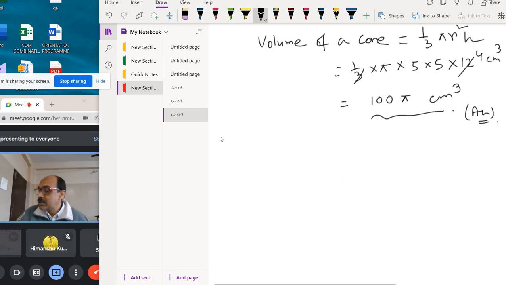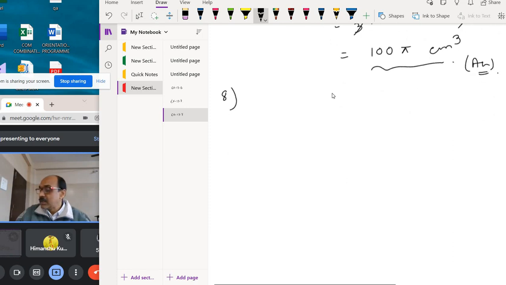Question 8: if the triangle ABC in question 7 above is revolved about the side 5 centimeter, then find the volume of the solid so obtained, and find also the ratio of the volumes of the solids obtained in question 7 and 8. These two answers, ratio you have to find. Same type of question as 7 and 8.